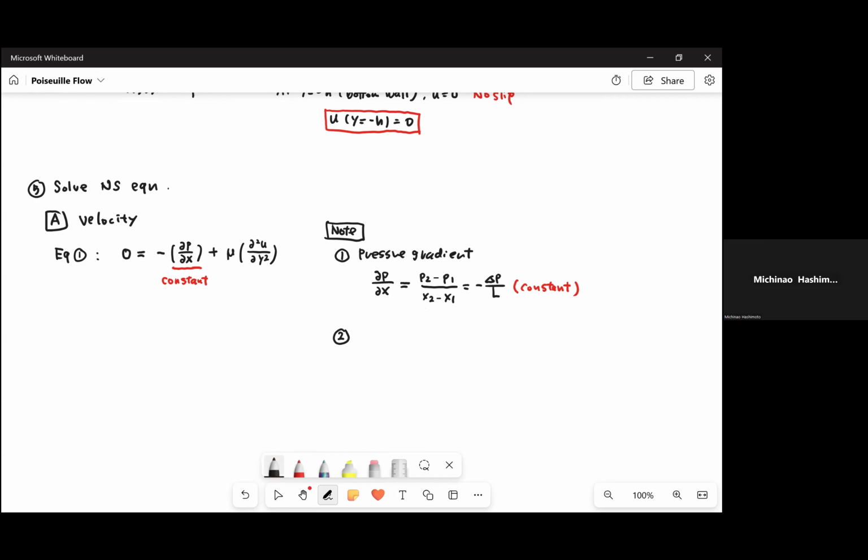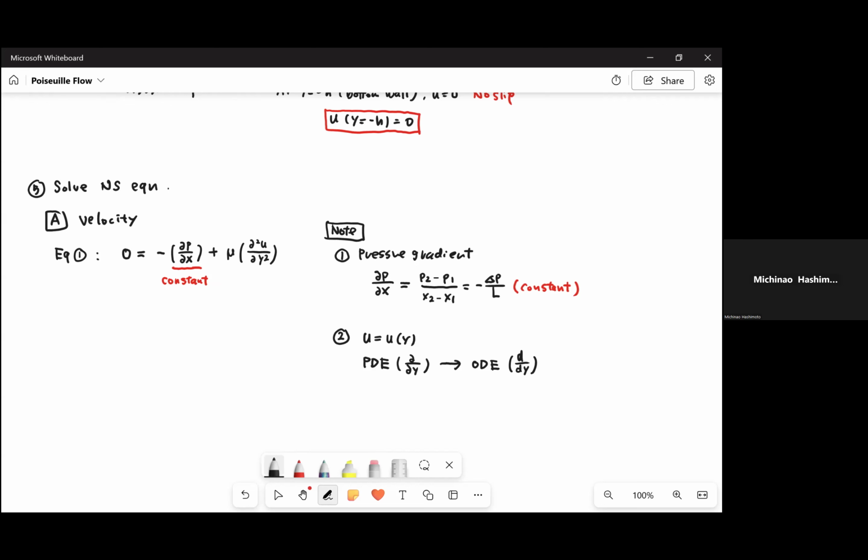The second comment is that since u equals u of y, the partial differential equation involving d dy can be considered as an ODE in y. This consideration is necessary to solve the differential equation.